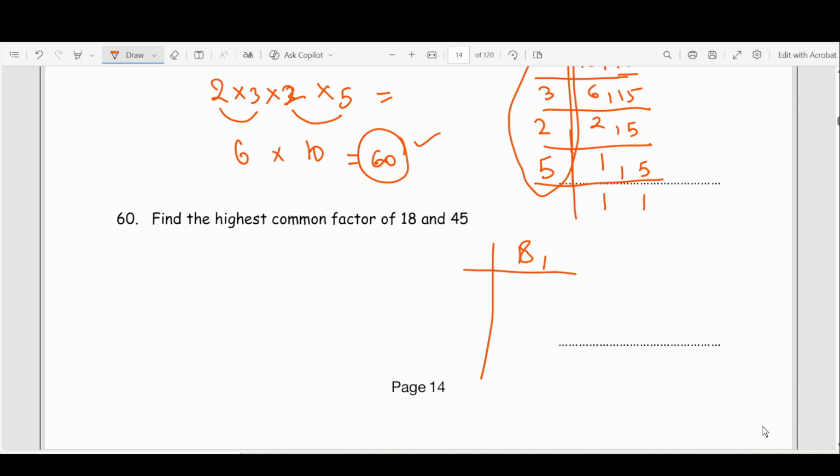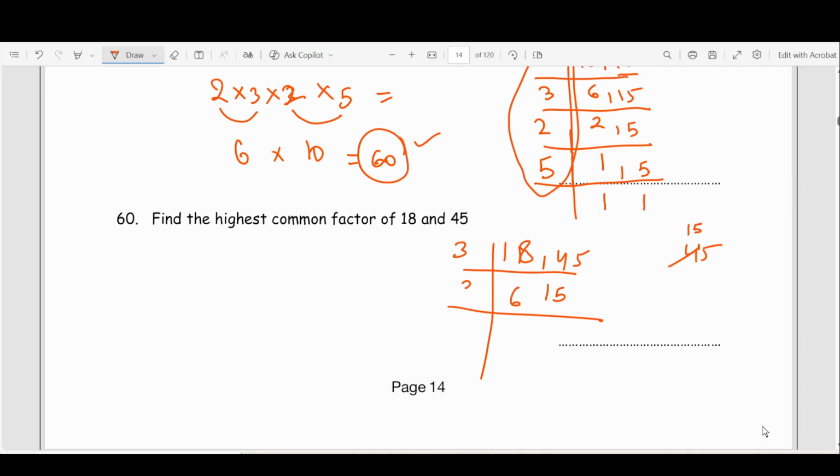But to find the highest common factor, what you can do is, for example, here we have 18 and 45. So we can divide both of them by, I think, 3. 3 times 6 is 18. And here 45, if you divide by 3, 3 times 1 is 3, 1 you can just give to 5, it will become 15. 3 times 5 is 15. So here you got 15, right?